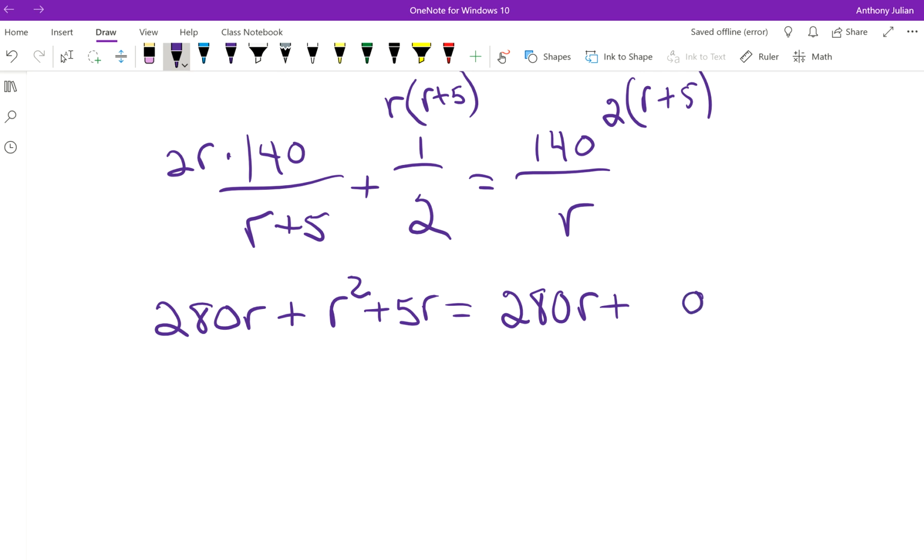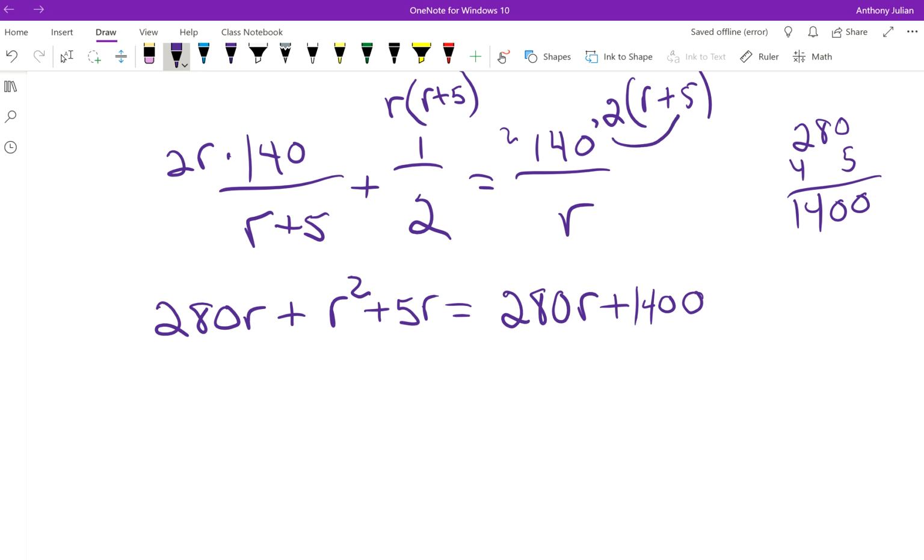Wait a minute, I've got 140 times 2 is 280, times r is 280r. 280 times 5, I could have doubled it. 280 times 5, 0, 0, carry the 4. 1400. Okay, made it. That's what 140 times 2 times 5 is.